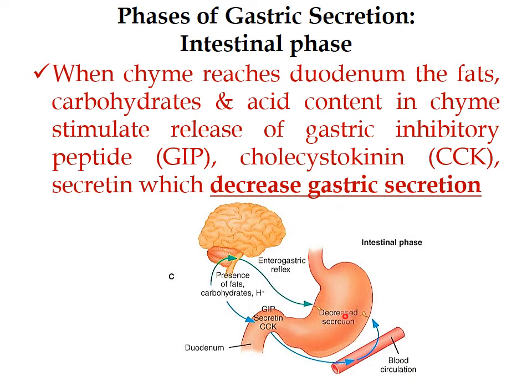See, it is written decreased secretion. We don't want gastric juice to be continuously released when we don't have food inside the stomach, because then it can lead to gastric ulcers. So we don't want that to happen. It is the inherent property of this particular reflex that it is an inhibitory phase. Intestinal phase is an inhibitory phase.